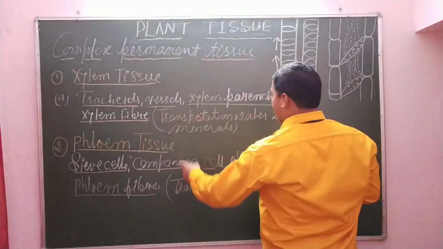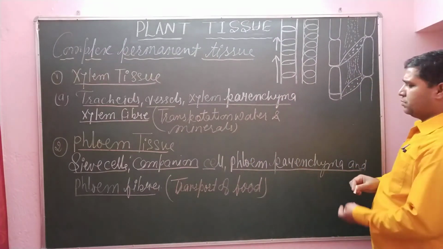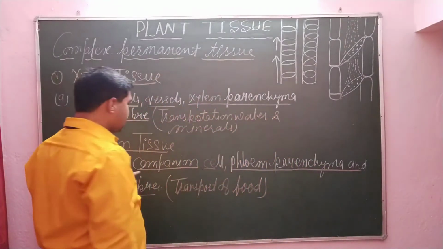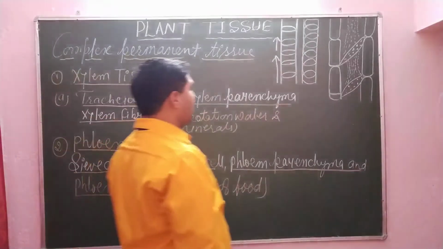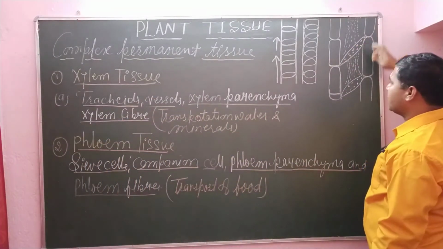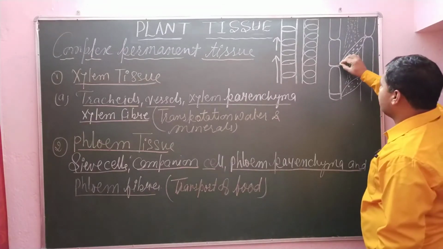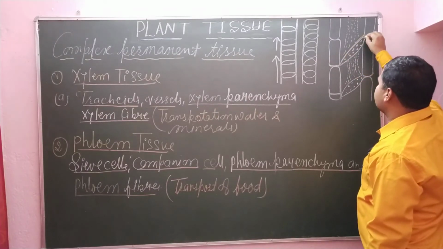Next you see the phloem tissue. This is the diagram of the phloem tissue. Phloem tissue consists of sieve cells, companion cell, phloem parenchyma and the phloem fiber. By this diagram you can identify that this is the phloem tissue, and you see in the phloem tissue there are sieve plates.